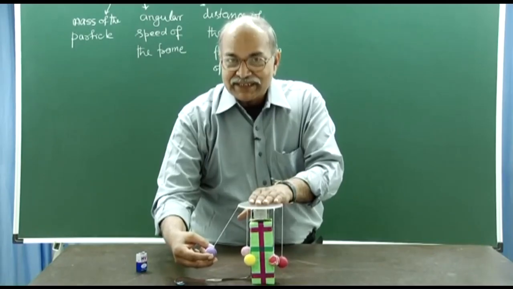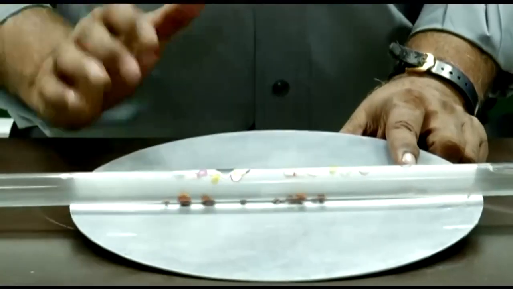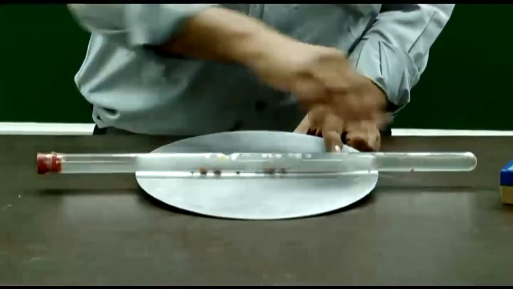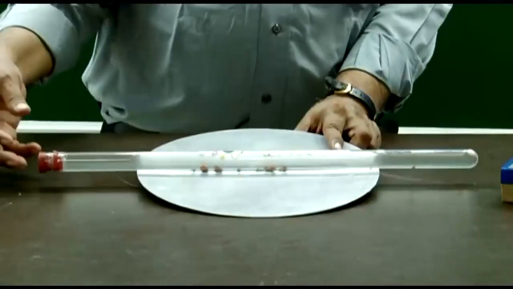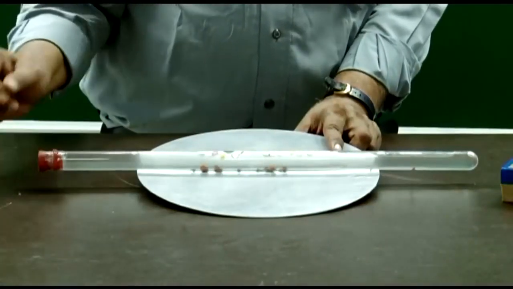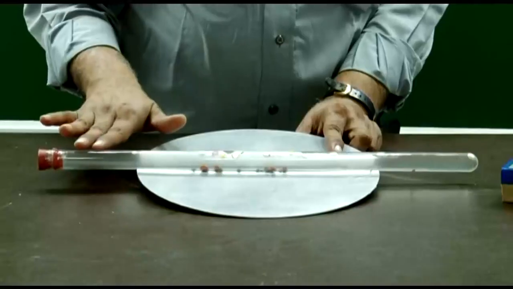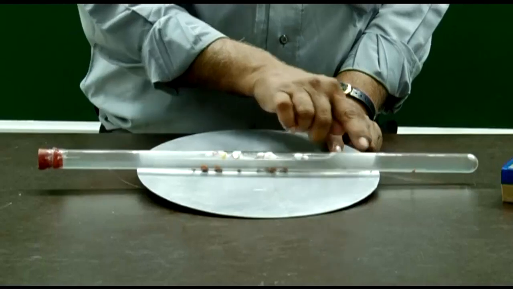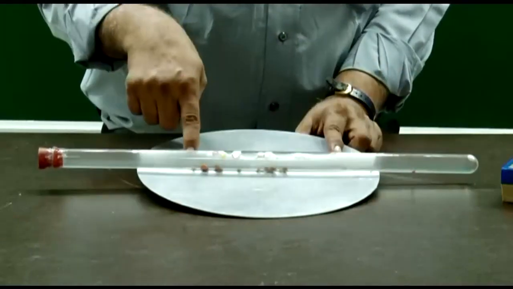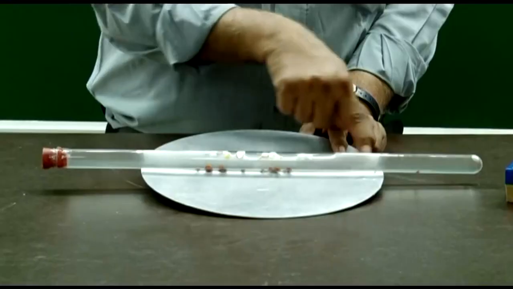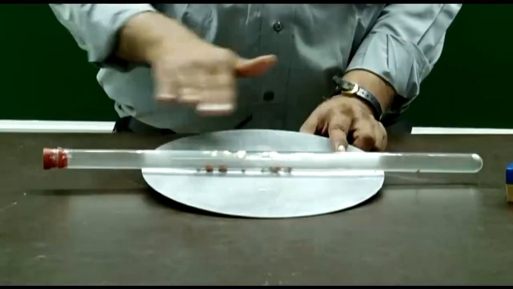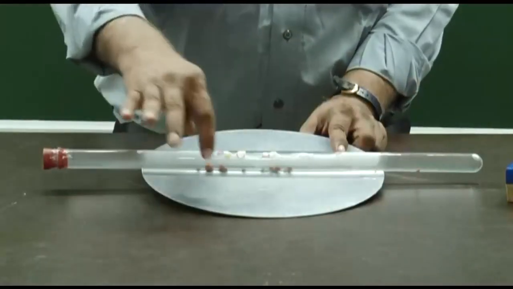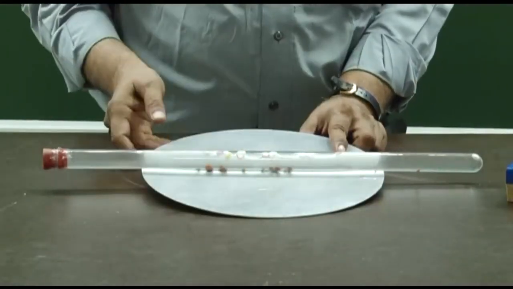Here is another experiment. In this, I have a long tube closed at one end and closed at the other end using this cork. In this tube, I have water and some foam particles which are floating here, you can see, and then there are some red colored stone particles at the bottom of this tube, and this tube is fixed on this aluminum disc.